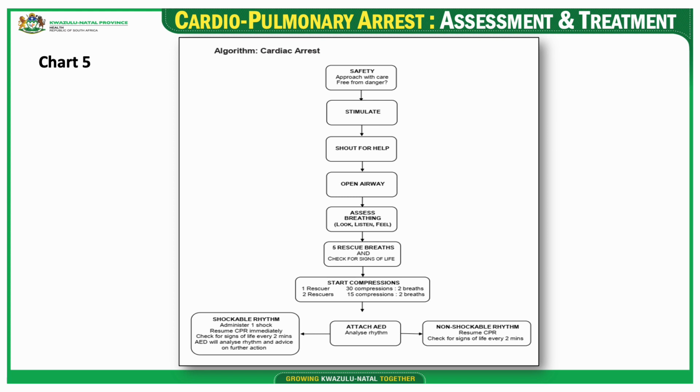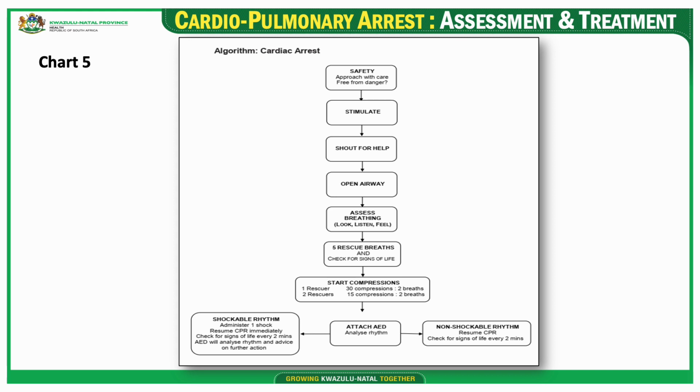If you do have an AED available, which is an automated external defibrillator, you will attach that and analyze your rhythm. If you are able to use and trained to use your AED, you will basically follow the commands from your AED machine. If there's a shockable rhythm, you will administer a shock, but in between, resume with your CPR immediately.